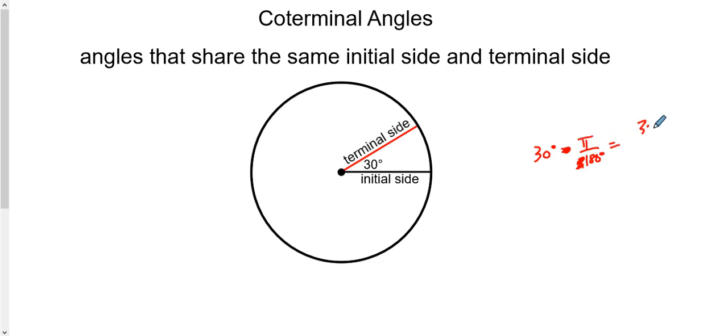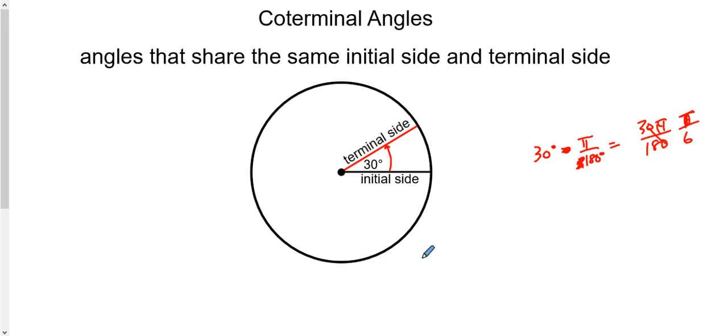This would be 30 pi over 180, which ends up being 1/6 of a pi, or pi over 6. So this is the radian version of it, pi over 6. So this angle starts here and stops here. So it starts at the initial side and it goes to the terminal side.